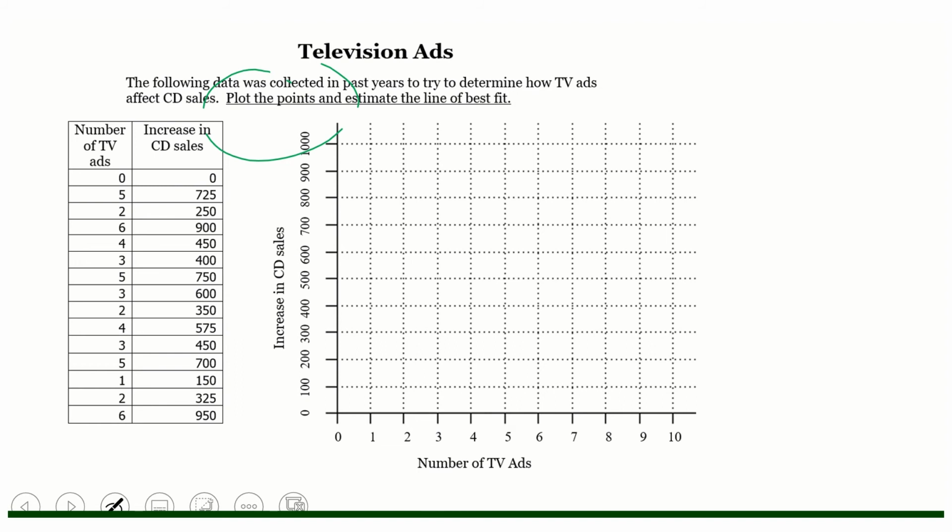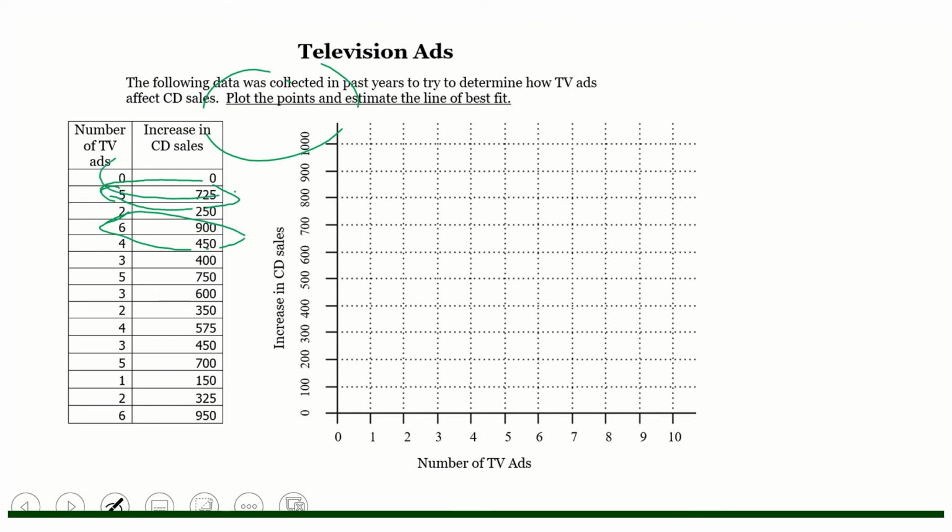Now, this part is like media data that's collected that determines how the ads affect your sales. So somebody does a study and it says, okay, if you buy 5 TV ads, then you can expect to get $725 increase in CD sales. Like that's your profit. If you buy 6, it goes up to 900.